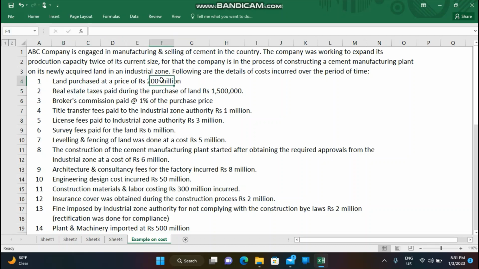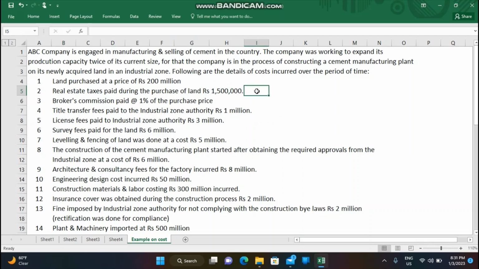So we all know that purchase price will be the first element for land. So this 200 million will be included in the cost of land. First one is land, that will be included. Second is real estate taxes paid during the purchase of land of rupees 1.5 million.